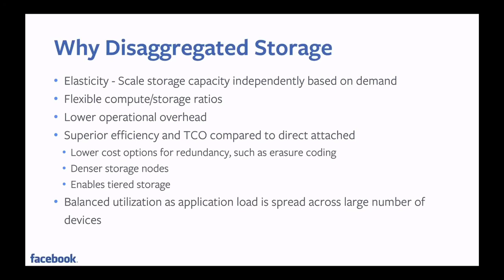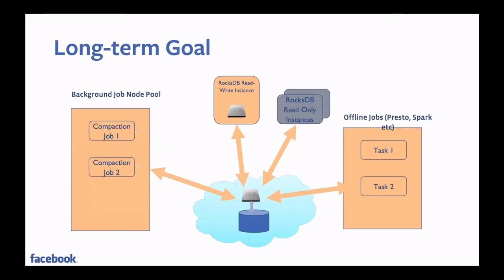It is kind of similar to the remote SAN we have in the past, but it's more flexible. It is kind of similar to Snowflake's data lake concept. And we can reduce TCO of the system, and also we could achieve better orchestration, management, and better resource scheduling. So here is a long-term goal.